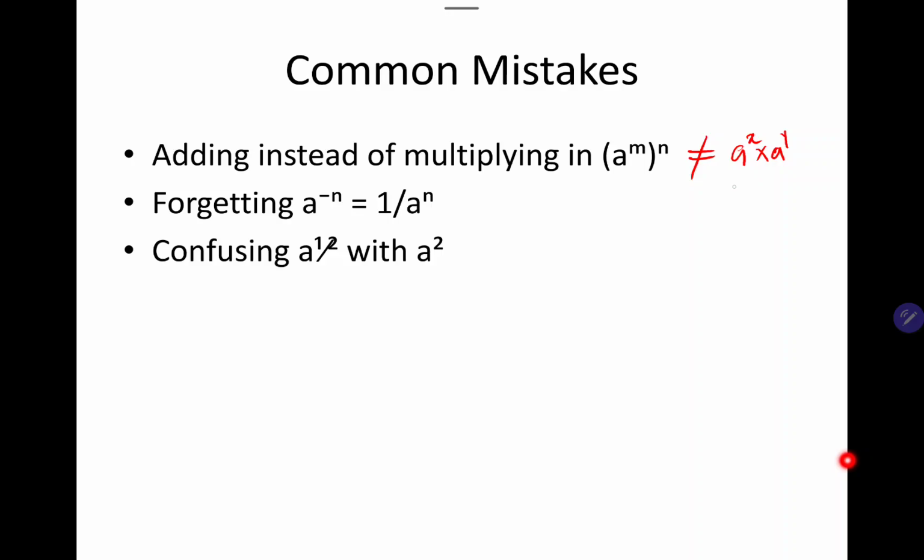Here it's an addition rule. Here it is a raised to power x plus y. It is different from this, please. Do not make that mistake. It's an easy mistake people make in mathematics.